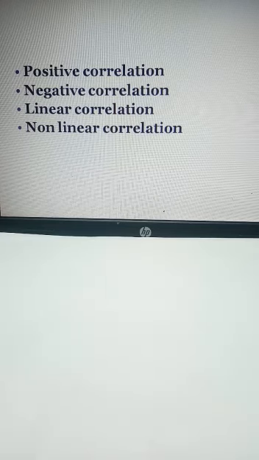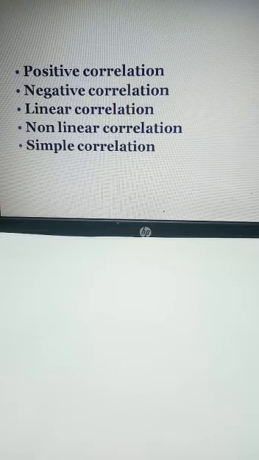There are two other forms of correlation. One is the simple correlation. Simple correlation is when we are explaining the relationship between two variables. At that time, we can say it is the simple correlation, like the relationship between price and demand.